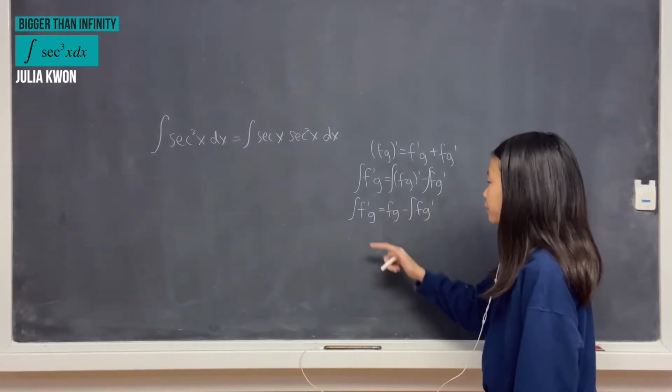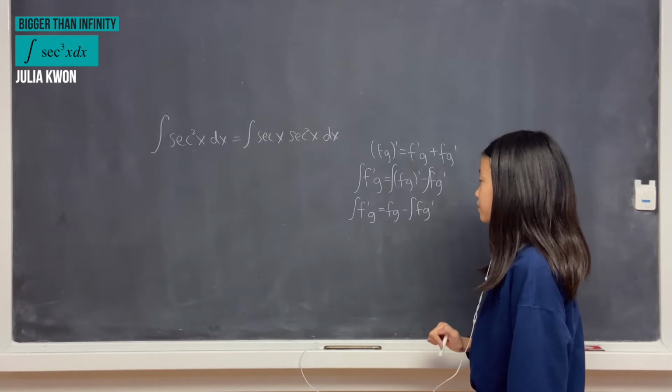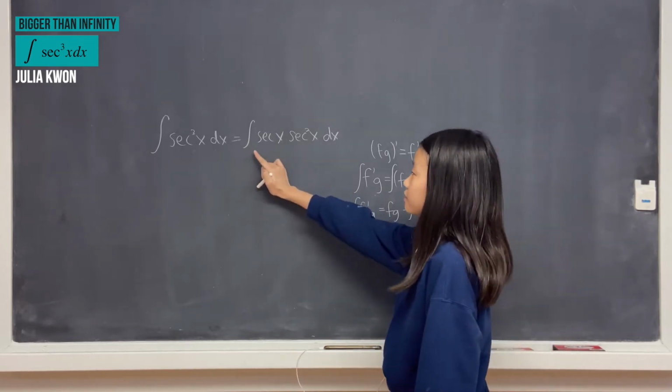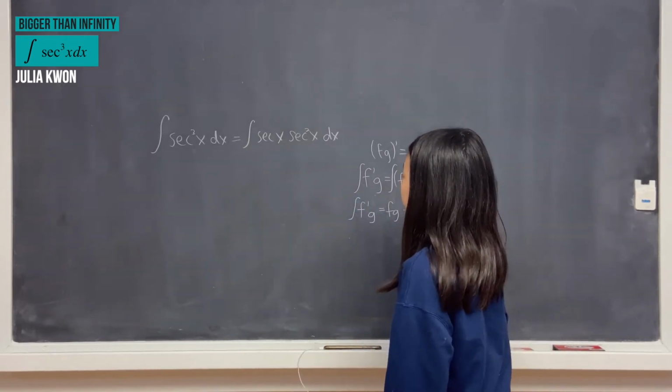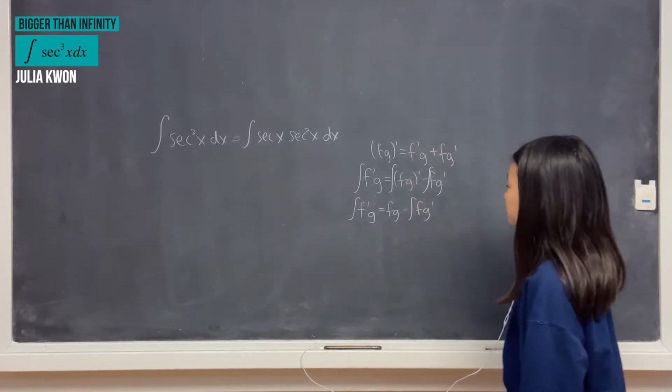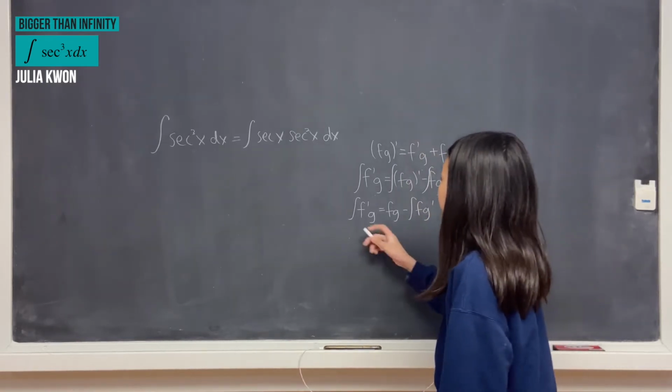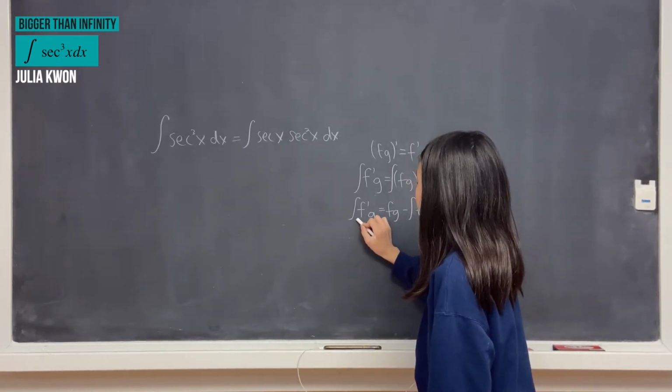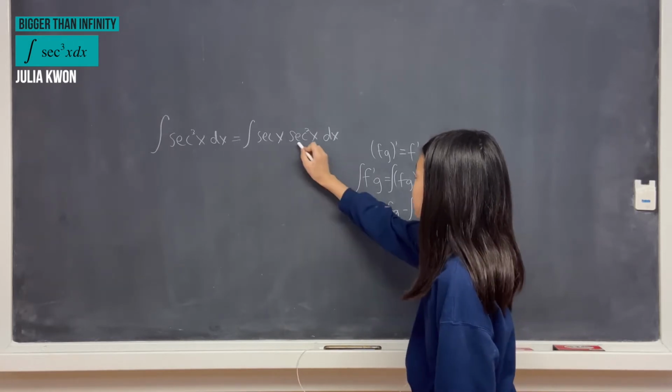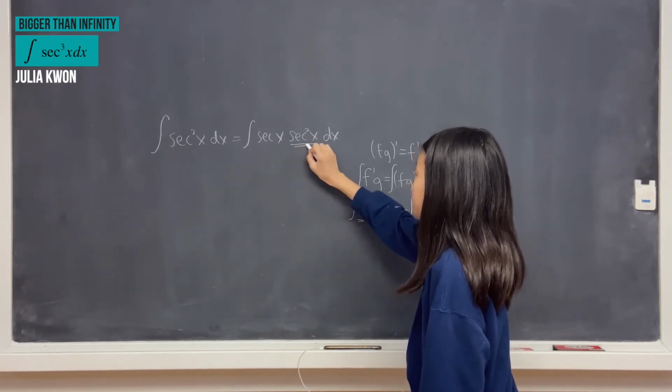So now we can use this formula that we just found to calculate the integral of secant x times secant x squared dx. Now I would like to set f prime equal to secant x squared.